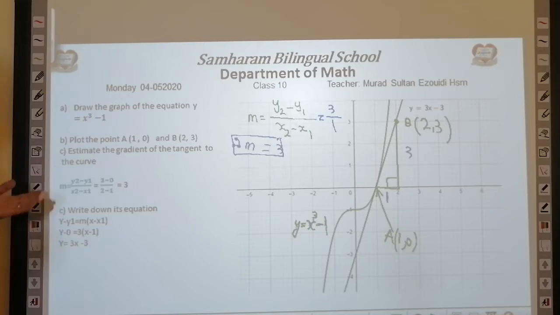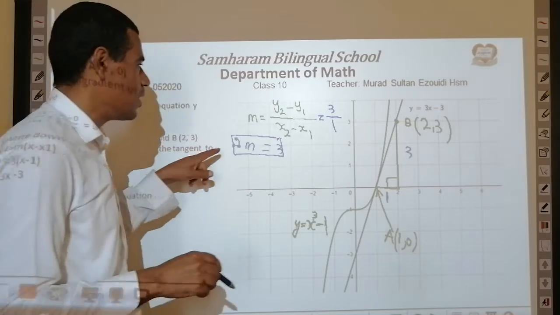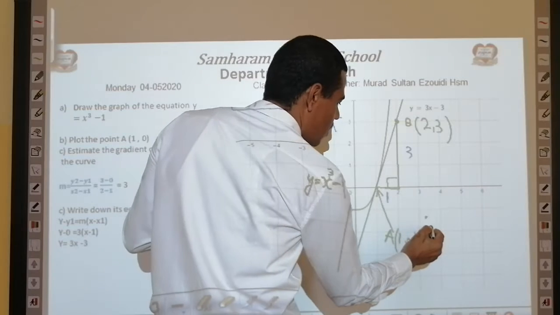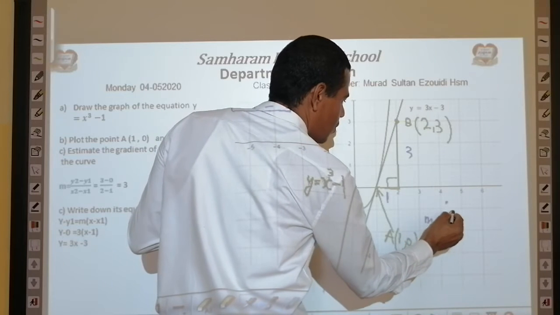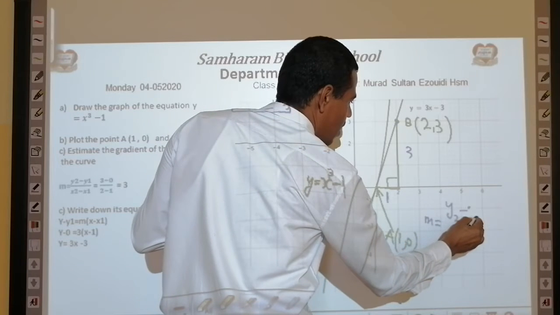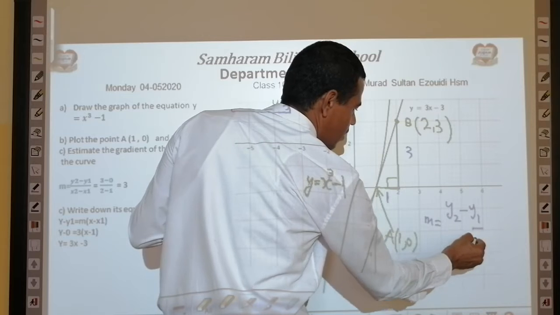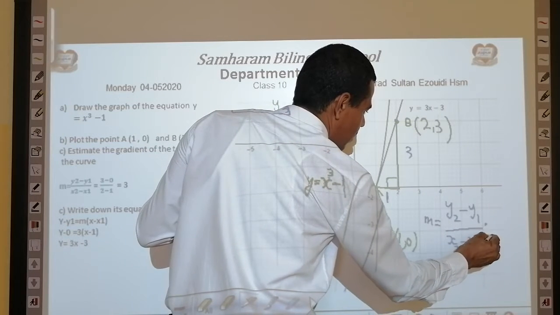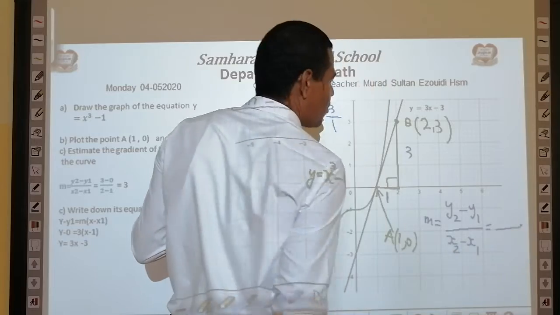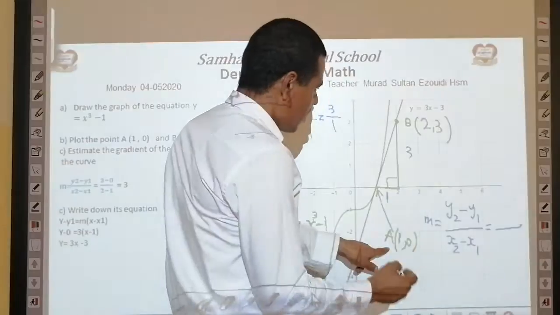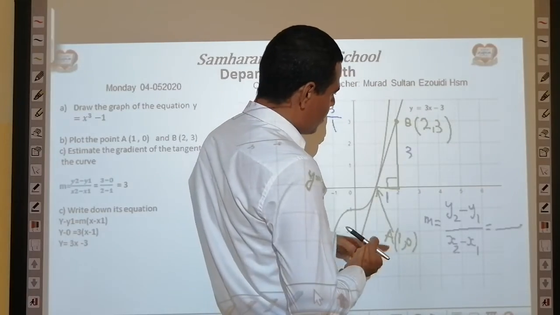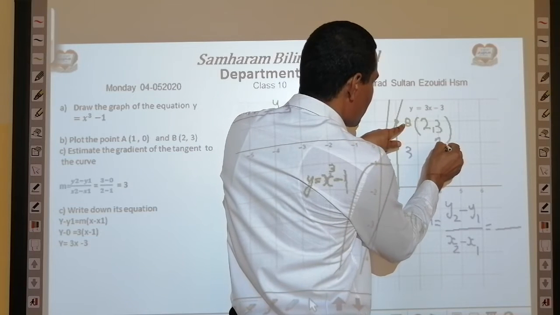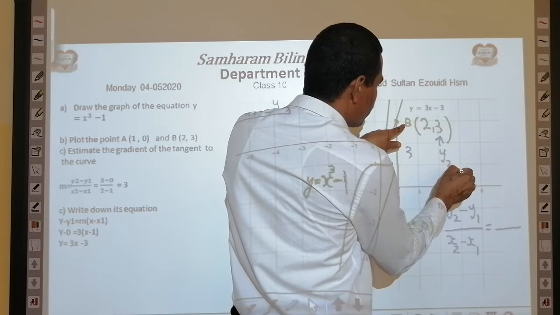Now, I will try to use the formula, which is this. I will use the coordinates of this point. So, m is equal to y2 minus y1 divided by x2 minus x1. Okay. y2 is what? If I label this, my learners, this one is y2.